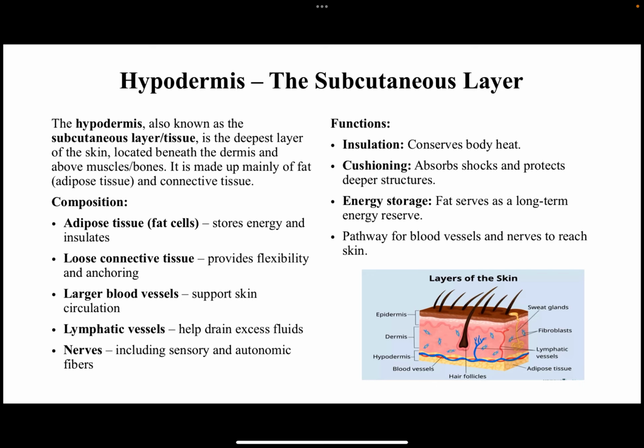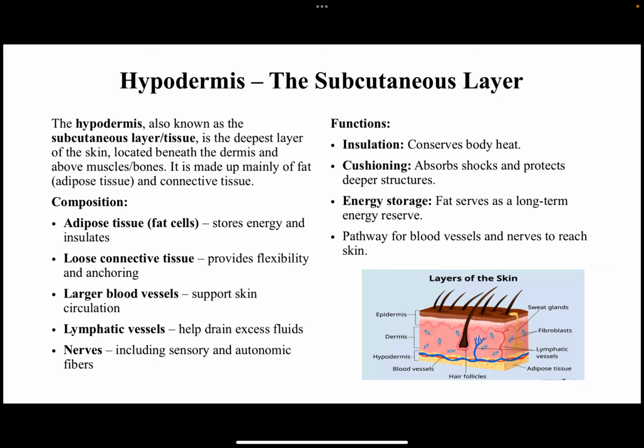One of the functions of this layer of the skin is insulation and cushioning. It helps to absorb shock and protect deeper body structures, because it also serves as the outermost protective covering for some other internal organs in the body.